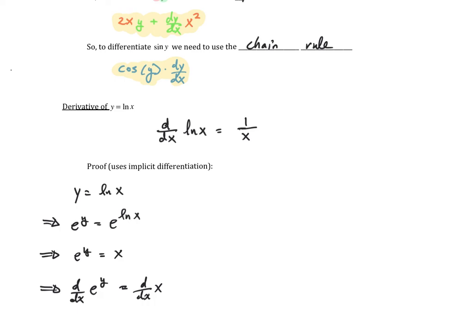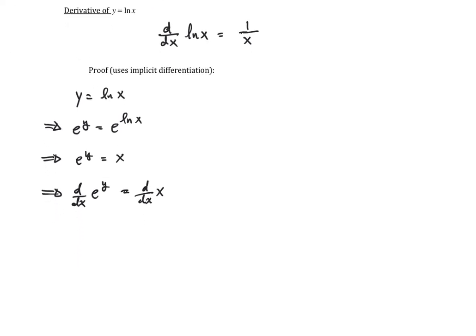Okay, so we use the chain rule to differentiate the left-hand side. The derivative of the outside function e to the something is just e to the something. You keep the inside and you multiply by the derivative of the inside. In this case, the derivative of the inside is just dy/dx.